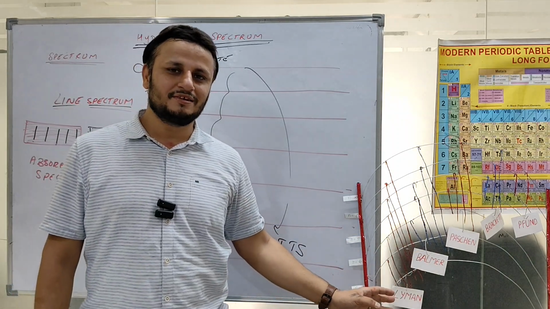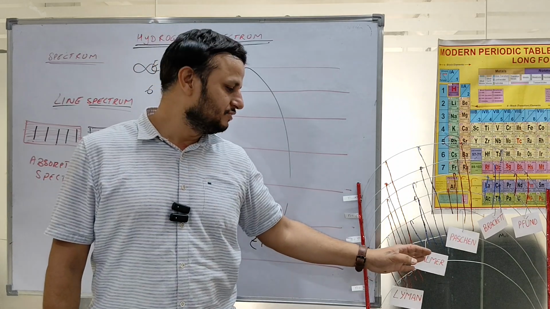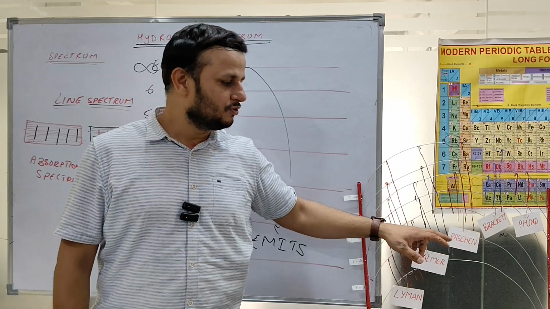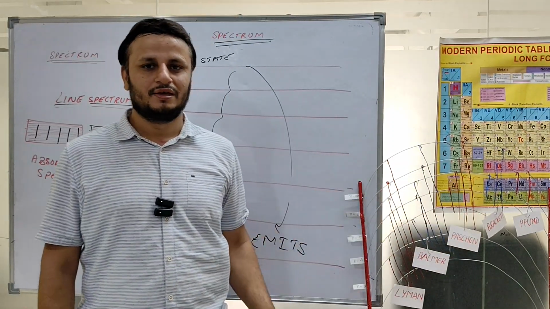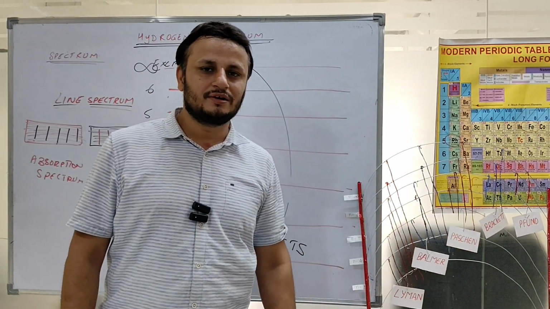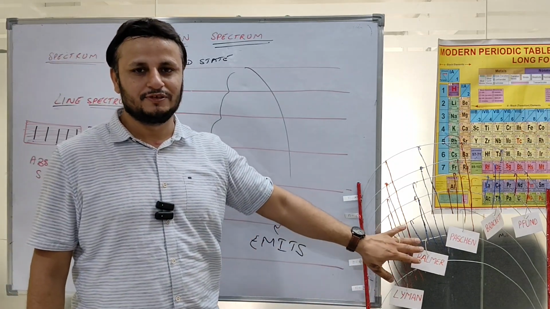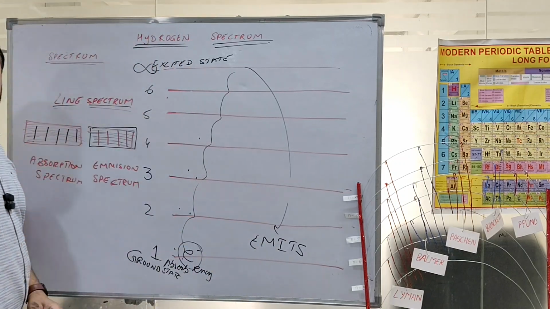The Lyman lies in ultraviolet region, the Balmer lies in visible region, and Paschen, Brackett, Pfund correspond to third, fourth and fifth levels, and they are in infrared region of the spectrum. So ultraviolet, visible, and the next 3 are in infrared.